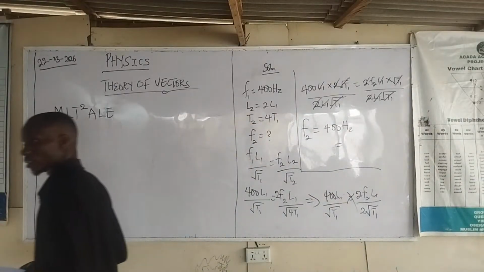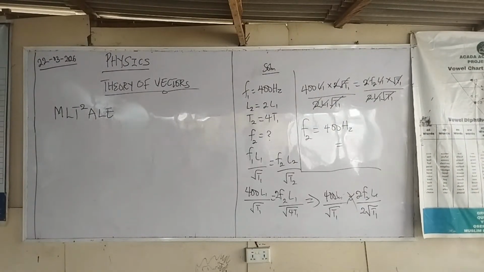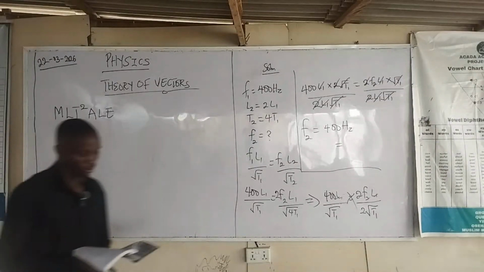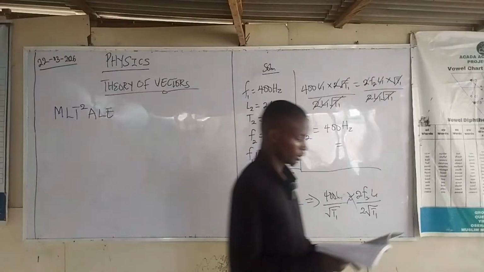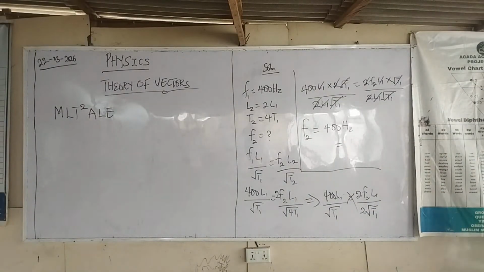Vector quantities. So what are vector quantities? Quantities that have both magnitude and direction. Put that down: vector quantities are described in terms of size or magnitude and direction.